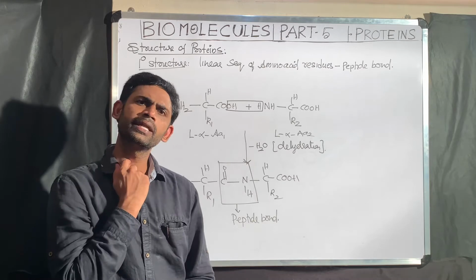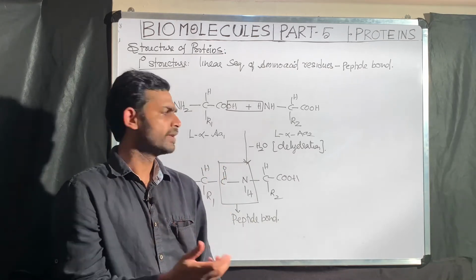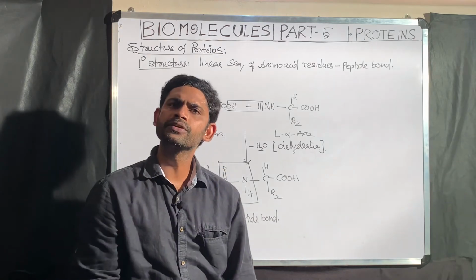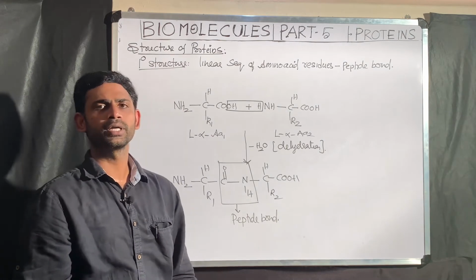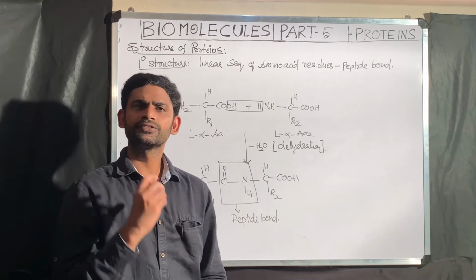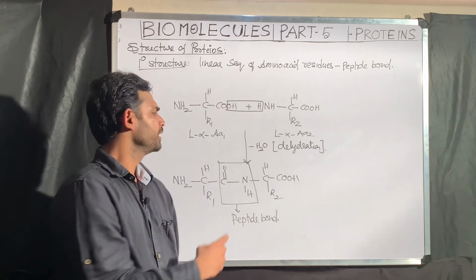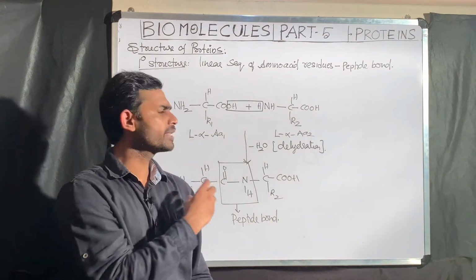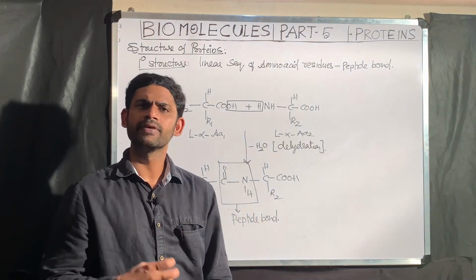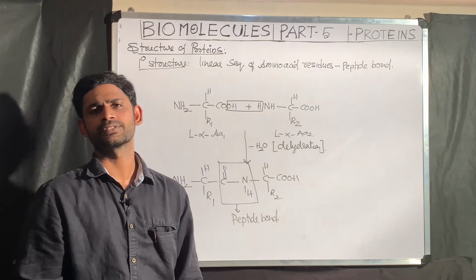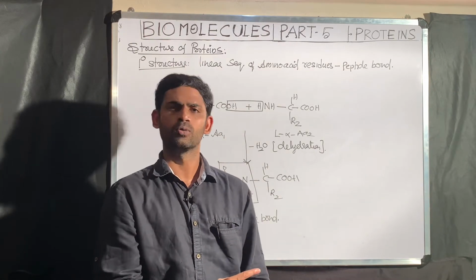Second point: if I ask where in a cell this peptide bond formation takes place, immediately you can say at the ribosomes, because ribosomes are the sites of protein synthesis. Here I can ask in two ways: in a cell where this peptide bond formation takes place, or in a cell where the protein synthesis takes place. For both questions, only one answer, that is at the ribosomes.